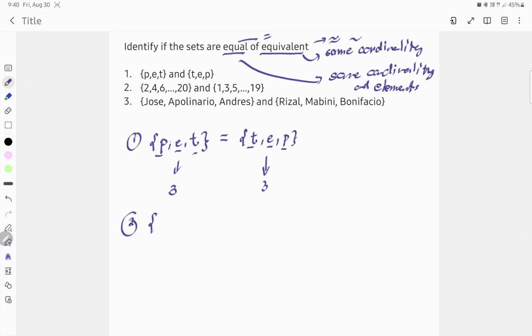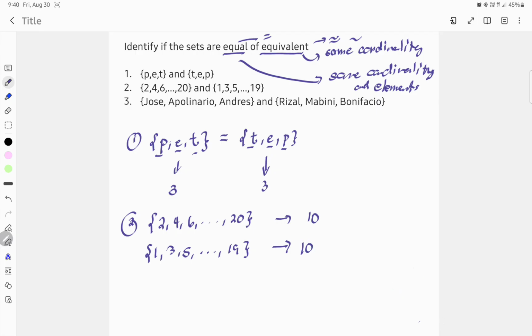Now, let's go to the next one. We have a set starting with 2, 4, 6, continuing until 20. Those are even numbers from 2 to 20. Its cardinality is 10. Another set is 1, 3, 5, continuing to 19, and I believe the cardinality as well is 10.